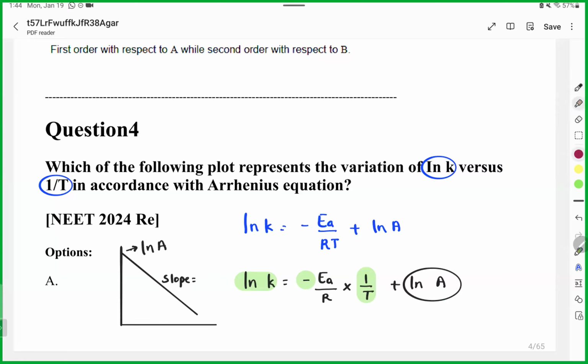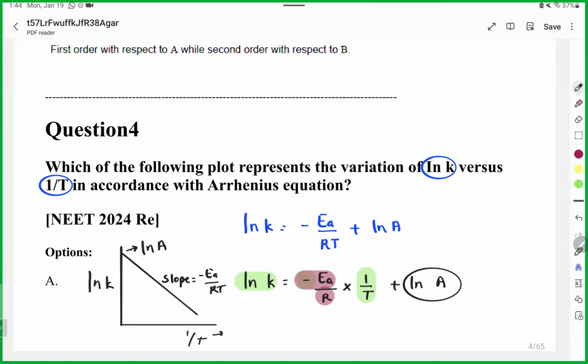What will be the slope in this case? Minus EA by R. The graph will be between natural log K and 1 by T. Yes or no? Yes, sir.